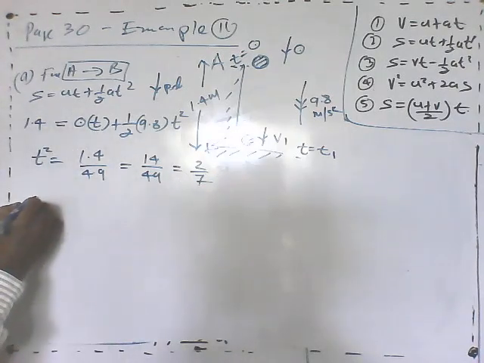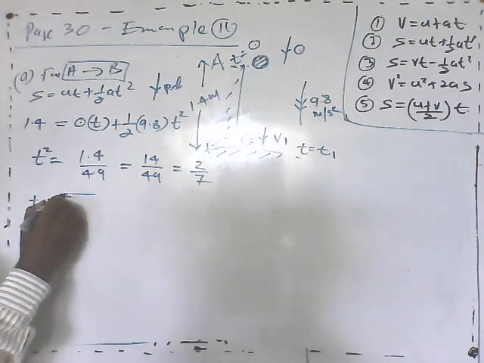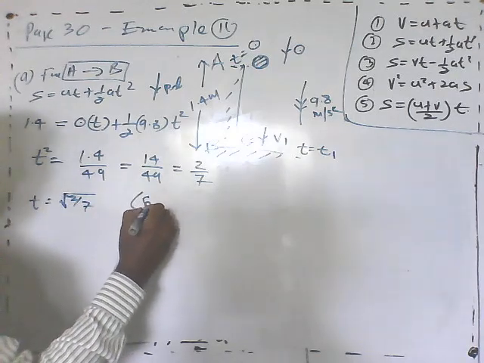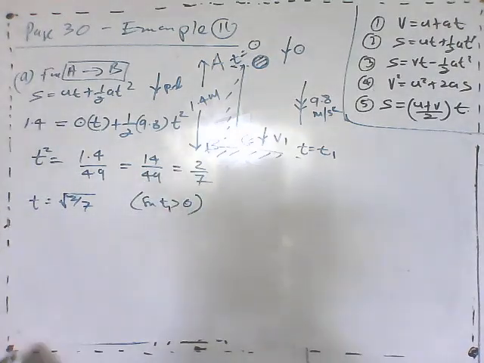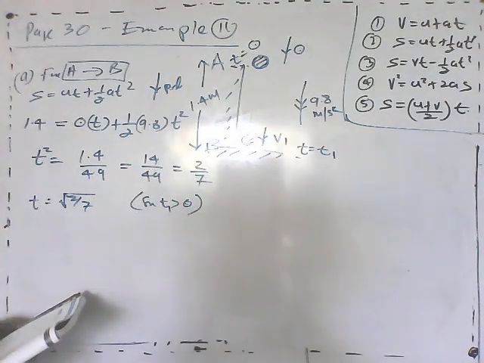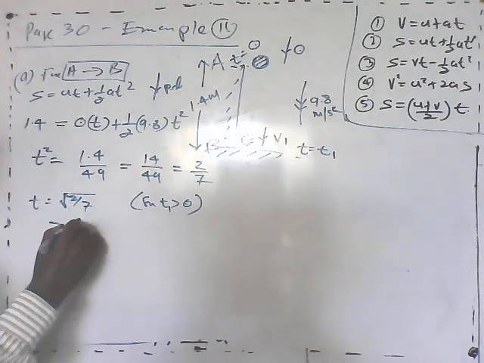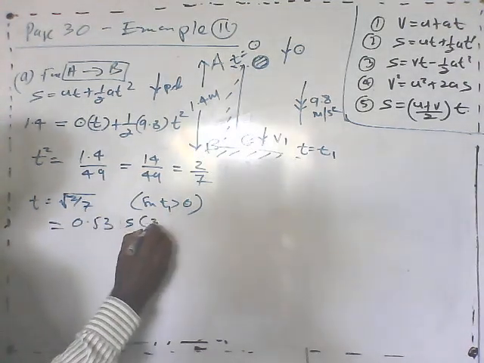Take the square root. So t is equal to the square root of 2 over 7. Since t1 is greater than 0, you can't take the negative value. The answer will come to 0.53, 3 SF.